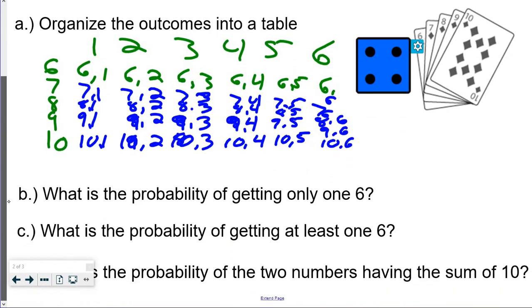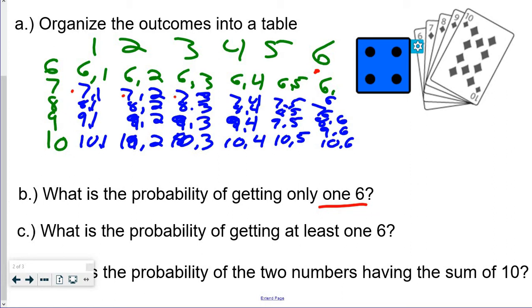So what is the probability of getting only 1 six? We're going to go through and count. There are 2 sixes right here, and that's it. We need only 1 six, so there are no sixes here, no sixes there.